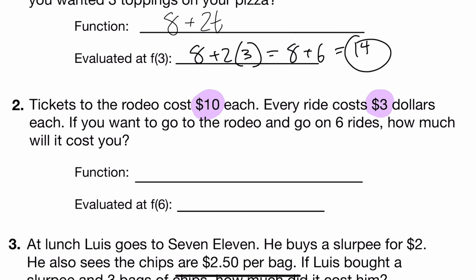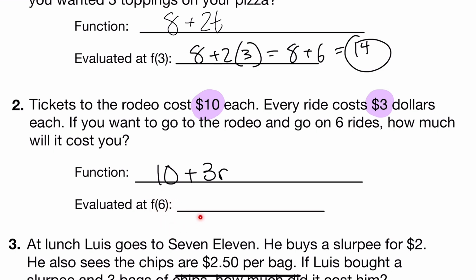Okay, so we know it's going to cost $10 just to get in, and then to go on rides, we're going to have to add on $3 for every ride that we want to go on. So I'm just going to use R here for ride. Okay, so the last part of the question says we want to go on 6 rides. So we're going to evaluate our function at 6.